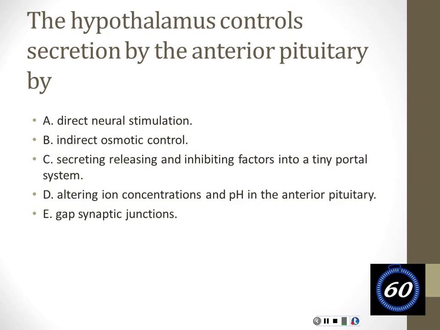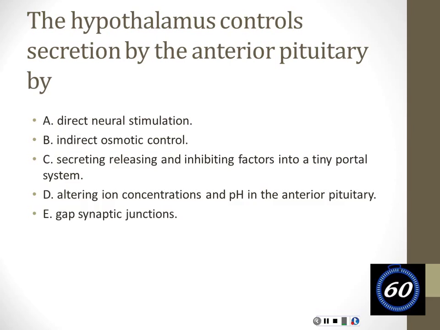All right. Best answer there is C. So the hypothalamus controls the anterior pituitary. Remember, there's a difference between posterior pituitary and anterior. So the way that is done is the hypothalamus makes releasing and inhibiting factors. We haven't talked about the inhibiting ones yet, but we're about to.